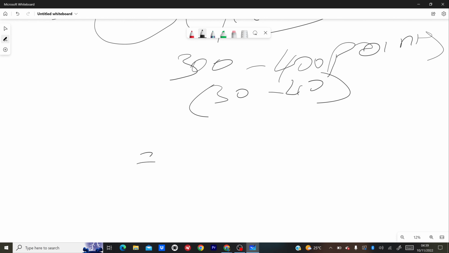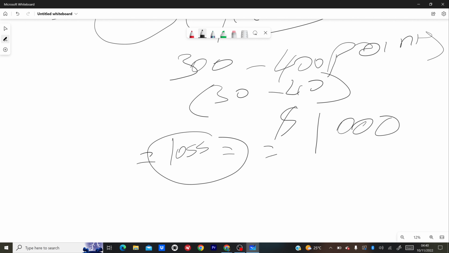The other thing you can do over here, risk management, is to adjust your losses, because those are very small points. If you have that capital of $1,000, you can have an adjusted ratio, that is 1 to 2. 1 to 2 is good.